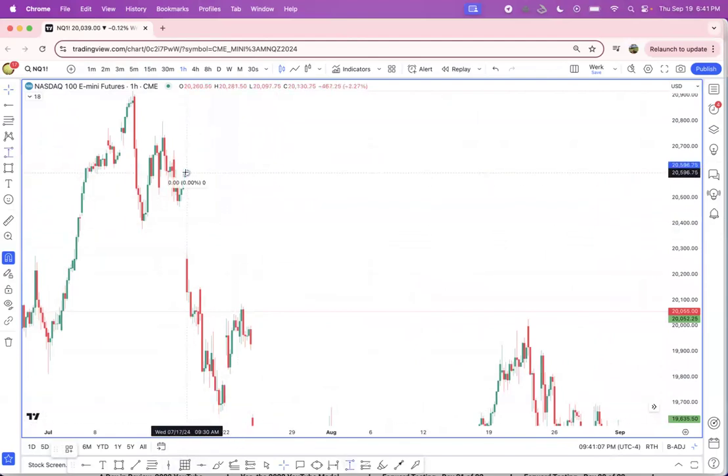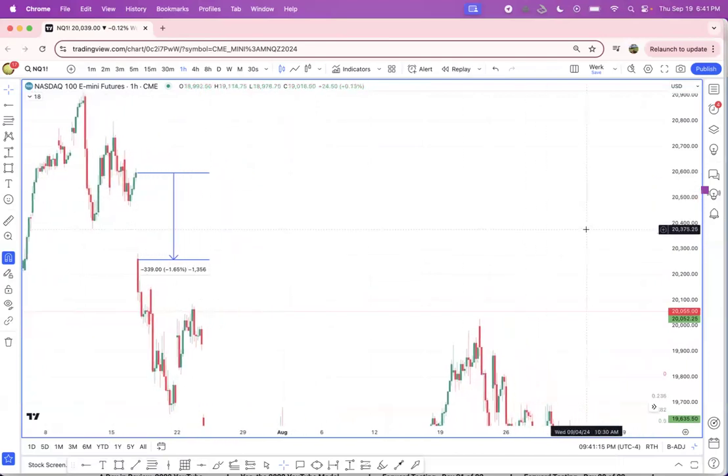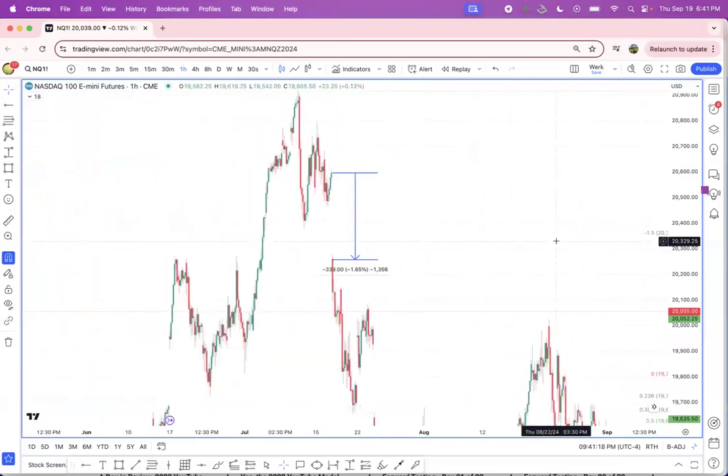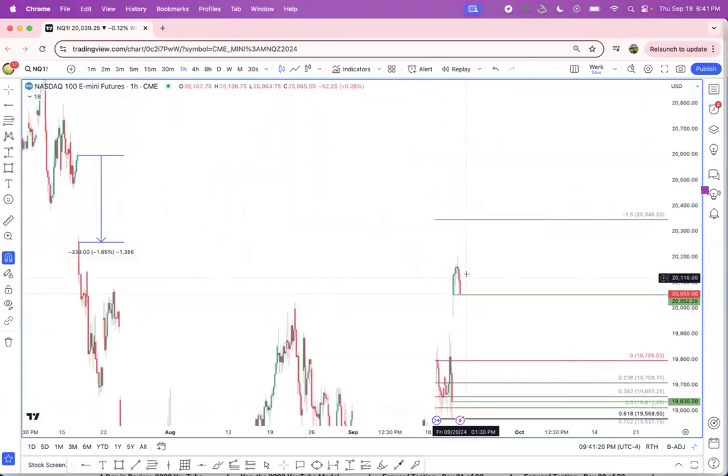We closed there and opened there. It's like a 300-point gap. So you want to have this on your chart because when we start working our way up there, we're going to be filling a gap. You want to be a part of that gap. I know I do. And look how close we are to it now.